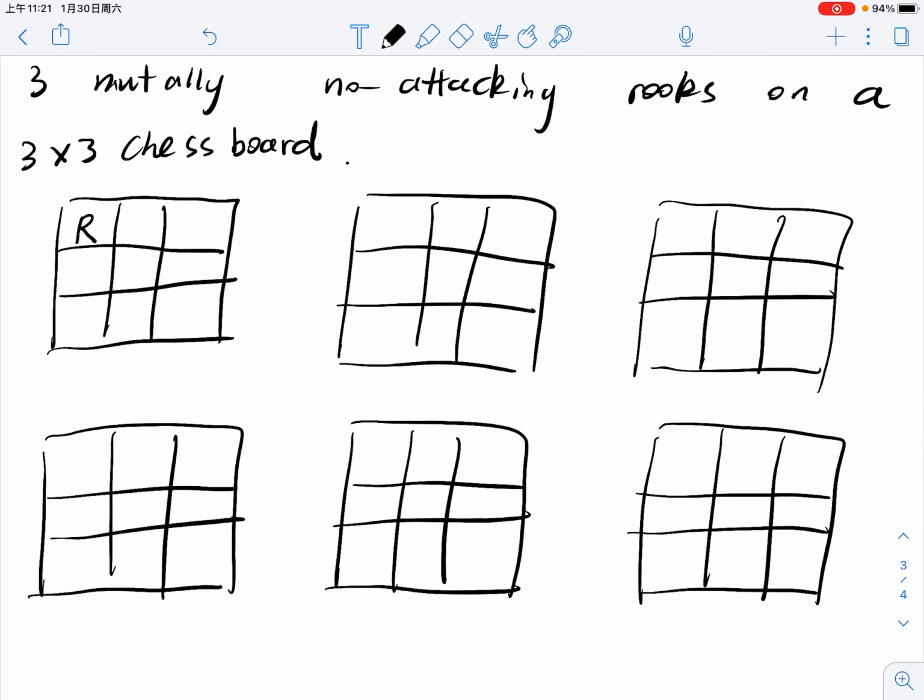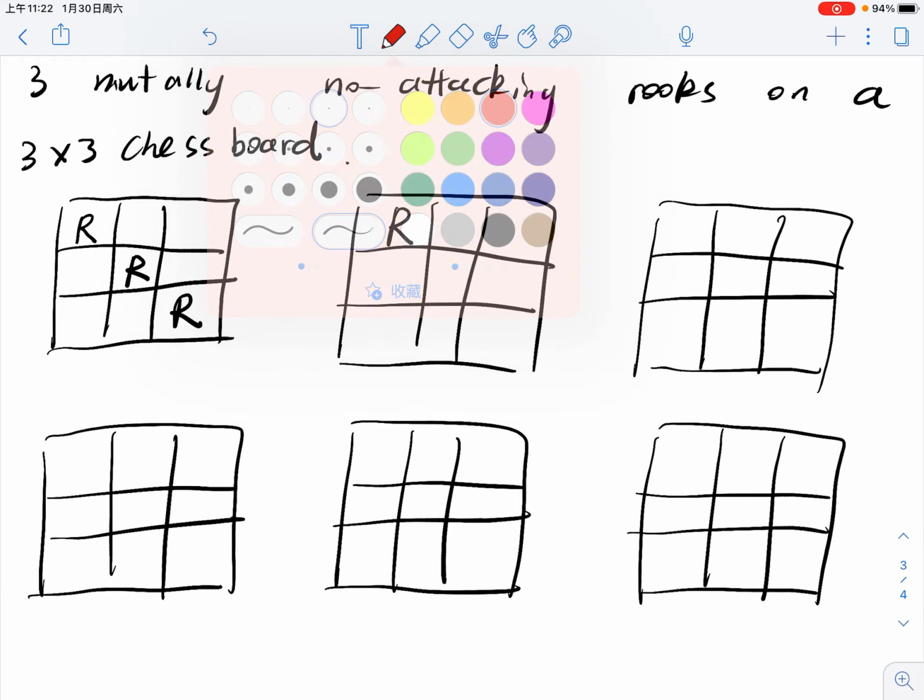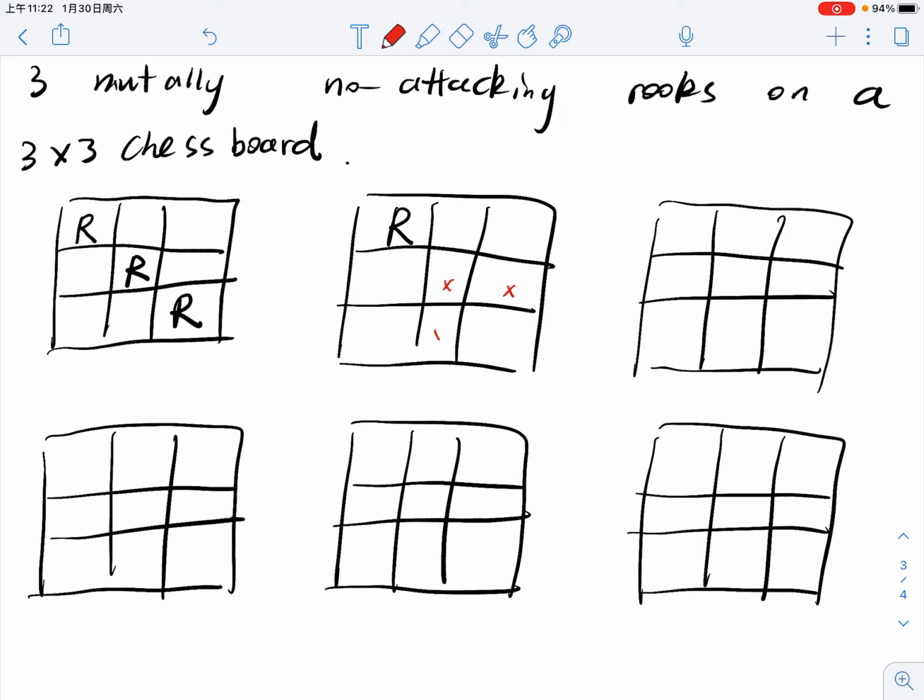So first, let's choose the rooks on the 1-1 position, 2-2 position, 3-3 position. This is the first configuration, and then you keep the first one and change the second one. Since you chose the first one, the second one can only be chosen from the 2-2 position or the 3-3 position.